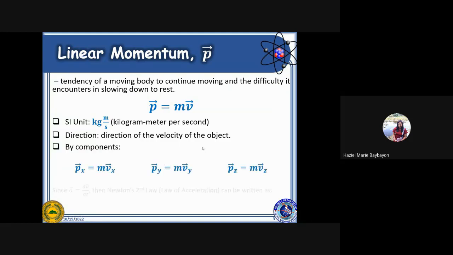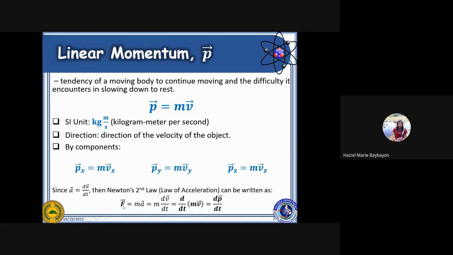Now, by components, we have this one. So the x component of momentum is just equal to m times v sub x, the y component, and then the z component. Now, since the acceleration is equal to the change in velocity with respect to time, then Newton's second law can be written as this.